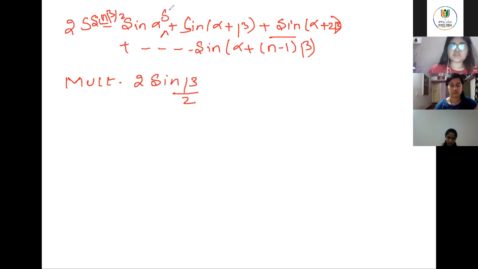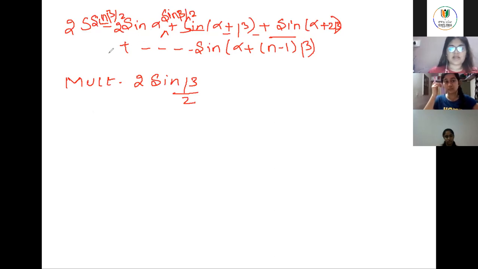In the RHS part, there is 2 sin(β/2) in every part of the series. So there is 2 sin α sin(β/2), 2 sin(α + β) sin(β/2), then sin(α + 2β) multiplied by sin(β/2), and so on. So to every part of the series, 2 sin(β/2) will be multiplied.